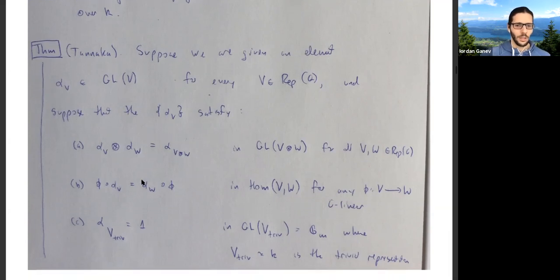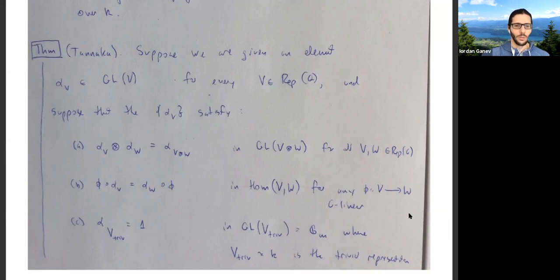And the second condition is that if we have a G linear map phi from V to W, then we want it to commute. There's a commutative diagram here. Maybe it would have been clear if I wrote the commutative diagram. But if we did phi, and then we did alpha W, that's the same as doing first alpha V and then phi.